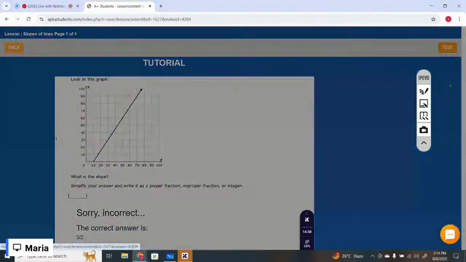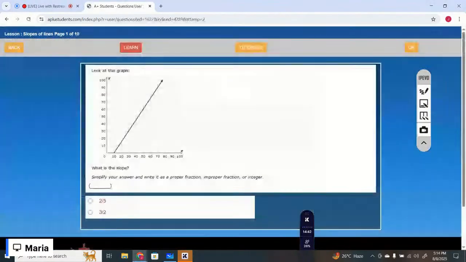Let's just start with the test questions. Look at this graph.